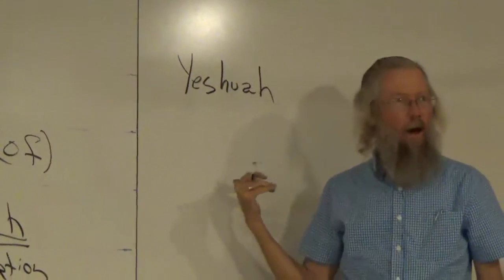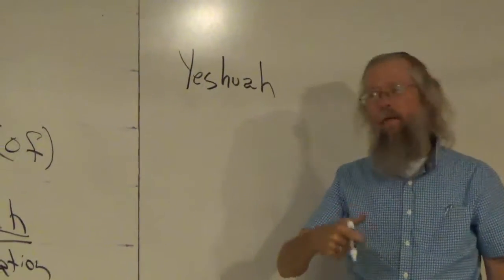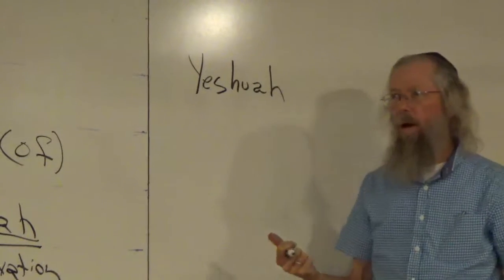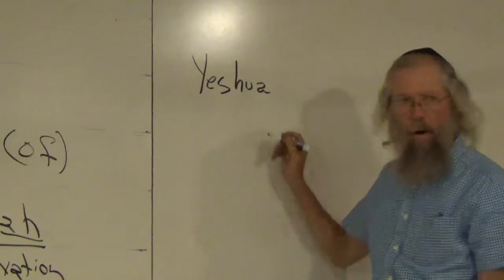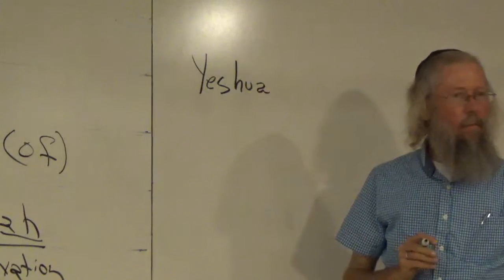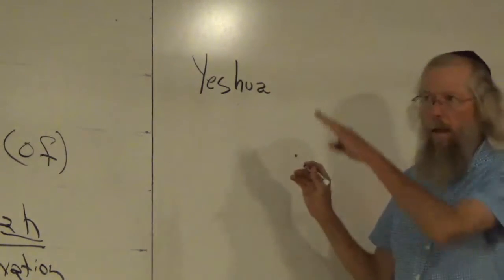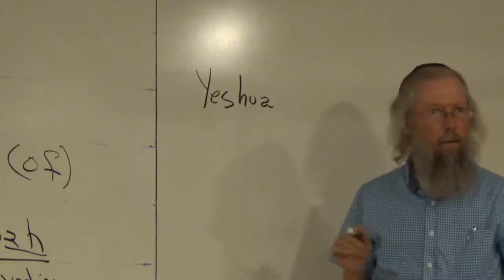So you cannot call his name by a female form. So what, in order to make it masculine? Drop the H. And what's the last letter? Ayin, right? Yes. Okay, so the last letter is going to be a consonant, ayin.